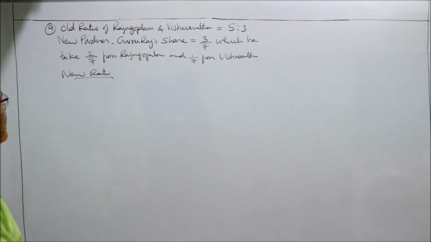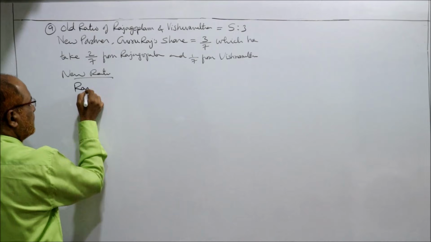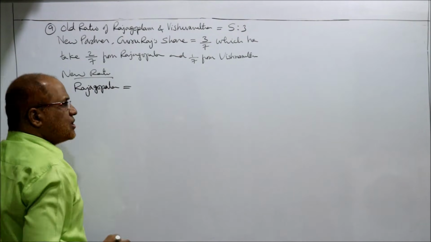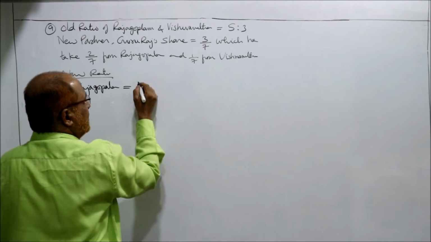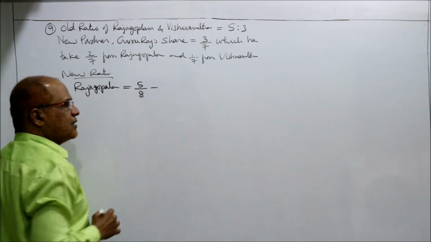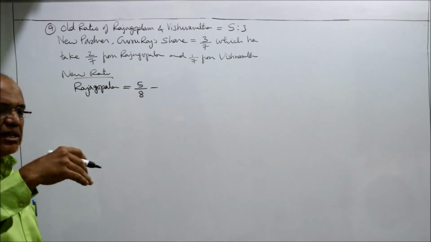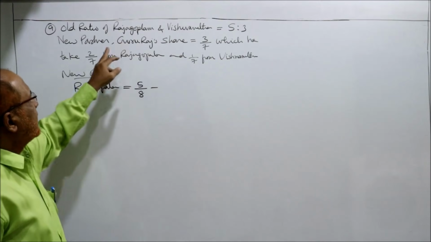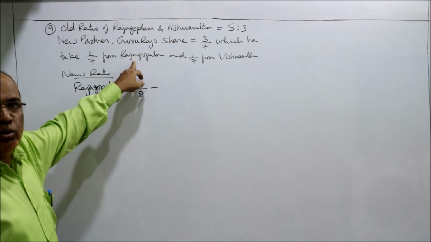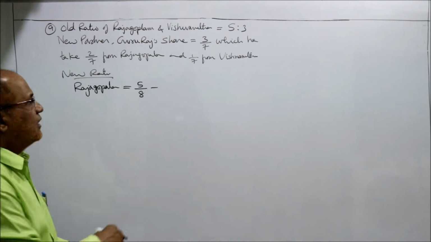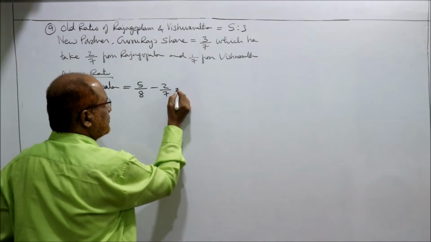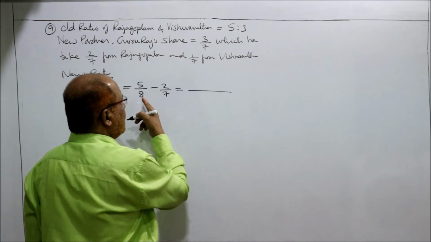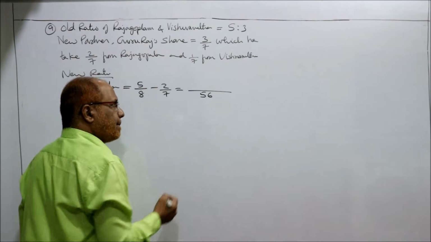New ratio. First partner is Rajagopalan. What was the old ratio of Rajagopalan? 5/8, minus. How much share is Rajagopalan giving to Gururaj? 2/7. The new partner Gururaj is taking 2/7 from Rajagopalan, so Rajagopalan's share will decrease by 2/7. So 5 by 8 minus 2 by 7. LCM, if we take, 8 sevens are 56.